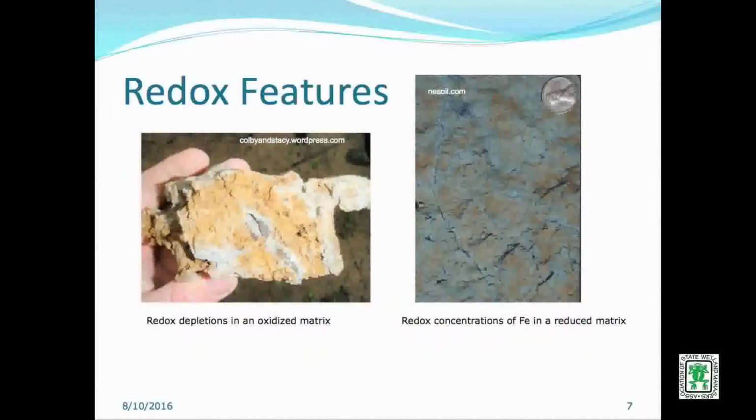Well, let's take a look at some of these redox features. The figure on the left shows a mass of soil that is largely oxidized and has a characteristic light brown, beige, or orange color to it. But you can see zones in the soil that are very light silvery gray.